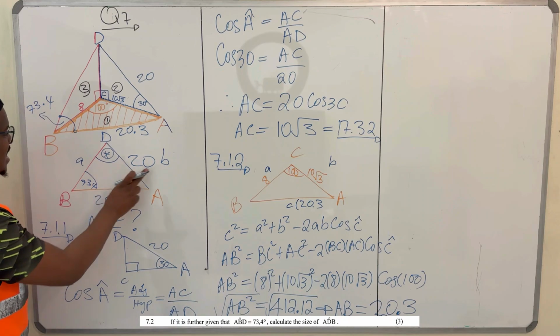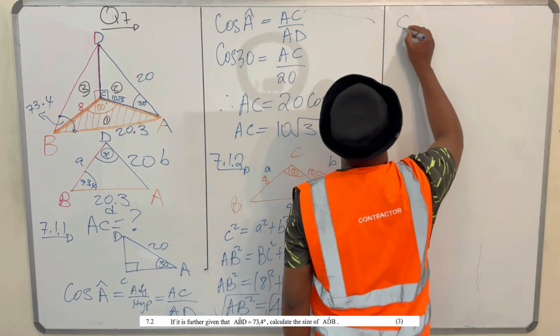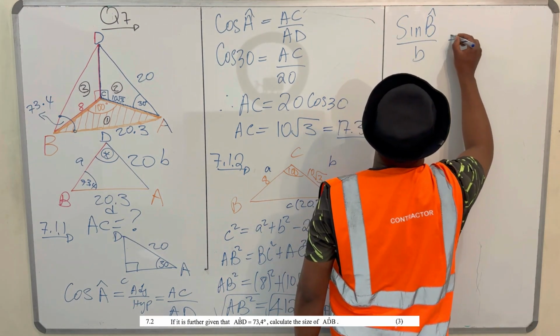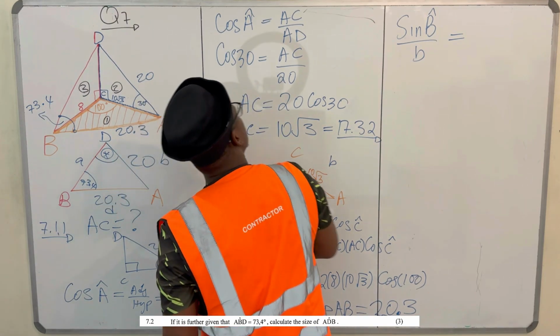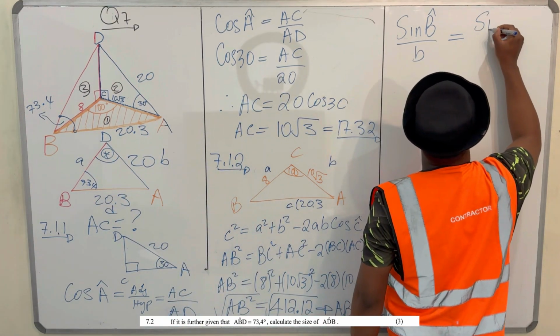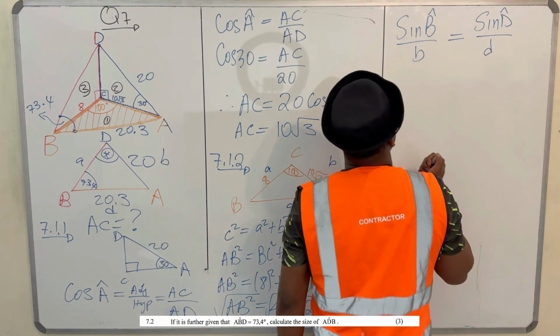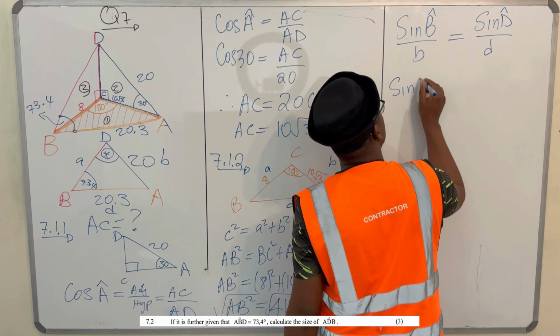So we want to use this side and that side. It's going to be sine of angle B over the side b is equal to sine of angle D over the side d. Then you substitute. What is angle B?